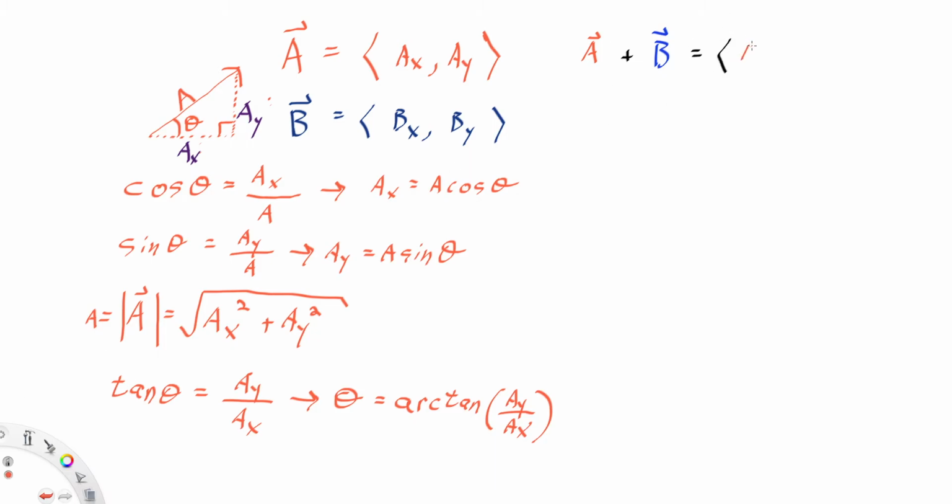Adding vectors is relatively simple. We just add their components, and that becomes the components of our new vector.